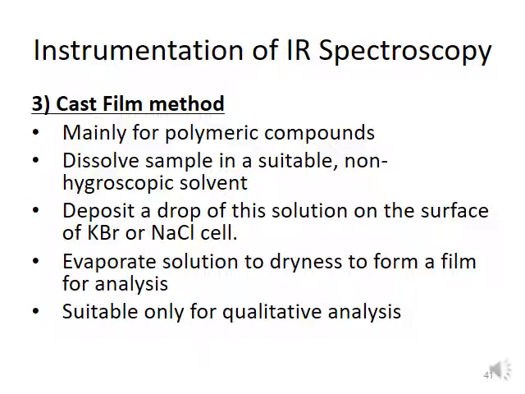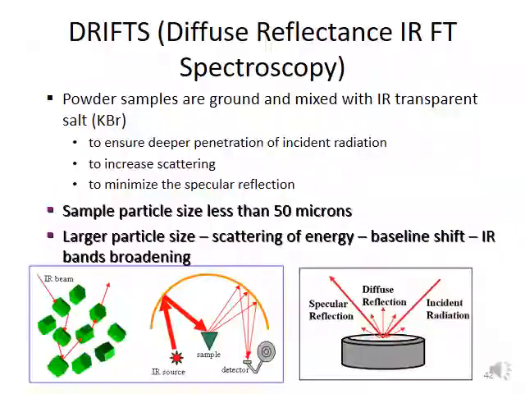So you need to choose wisely which solvent to use; in this case, please choose a non-hygroscopic solvent. Deposit a drop of the solution on the surface of a potassium bromide or sodium chloride cell, and then let it evaporate to dry. It is also suitable only for qualitative analysis.